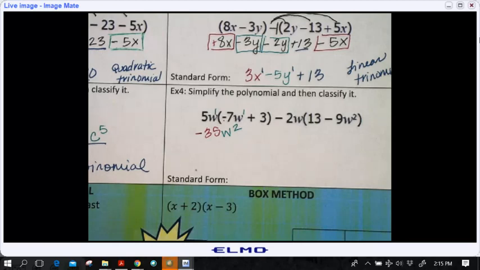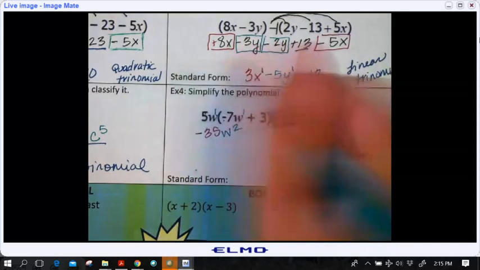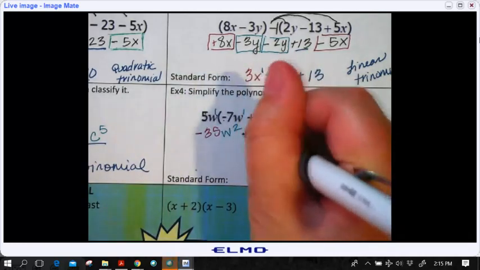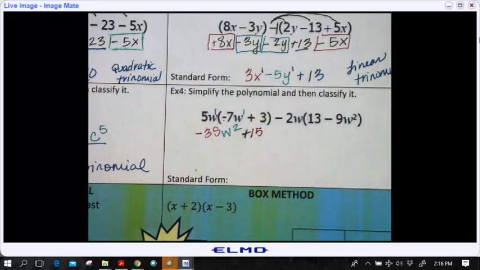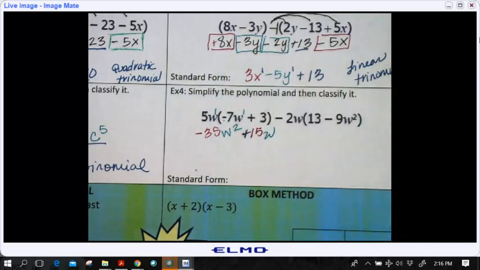Now let's do the next part. 5 times -3, times +3 is a positive 15. And then I have w to the 1st power times nothing. So I'm just going to leave that there as a w. Let's do the second part. Distribute again. I have -2 times 13.